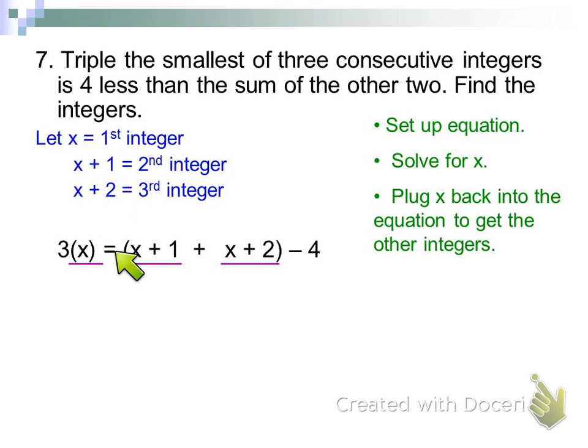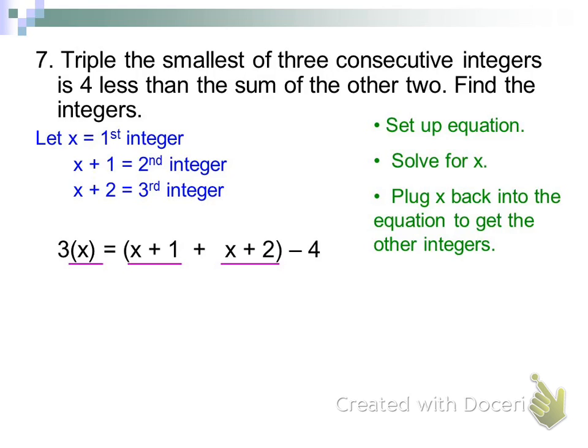Is, so that's where my equal sign goes. 4 less than. 4 less than means you're going to subtract 4 at the end. The sum, that means add, of the other 2 integers. So the second one and the third one.